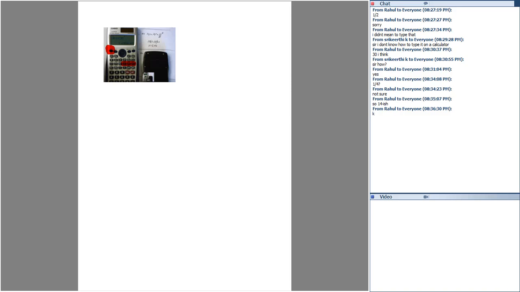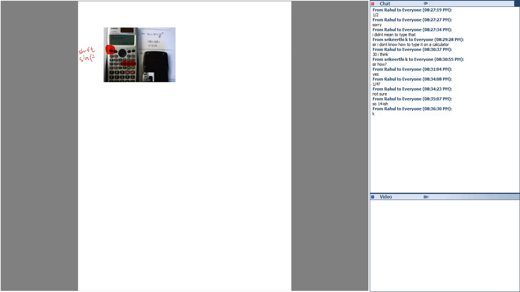If you take the previous example, first press shift, then press sine. Everybody can take your calculator. Then you press sine and then you press half.